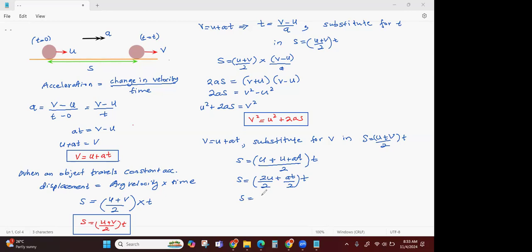So we get s equals u plus half at into time. So then I can multiply with the time. So I get s equals ut plus half into a into t squared. Half a t squared. So this is the fourth equation.